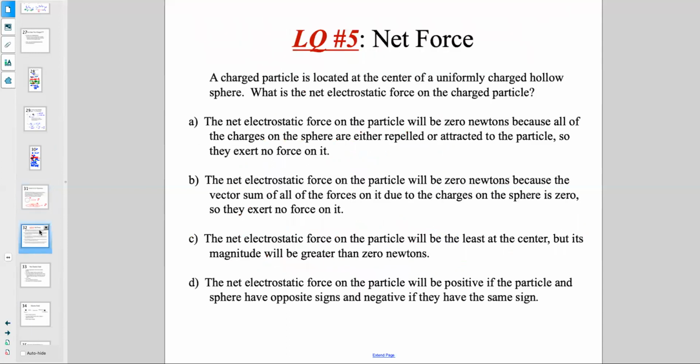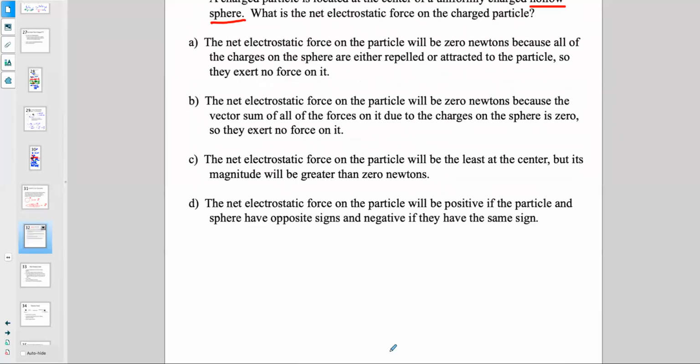So let's talk about this lecture question. Net force. A charged particle is located at the center of a uniformly charged hollow sphere. Okay. What is the net electrostatic force on the charged particle? Okay. So let's draw something. I have a sphere, right? And I have another sphere.